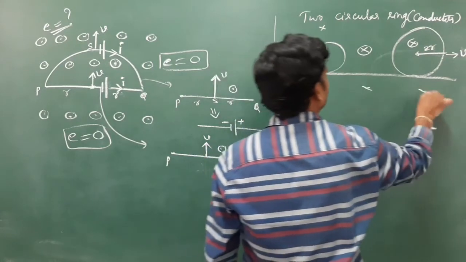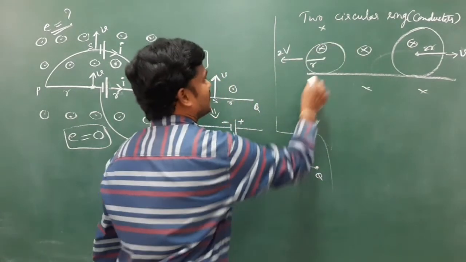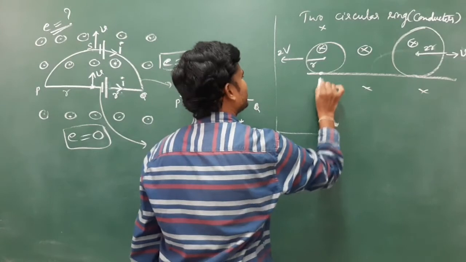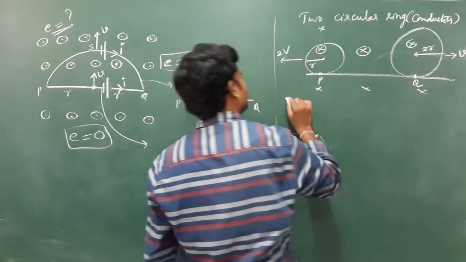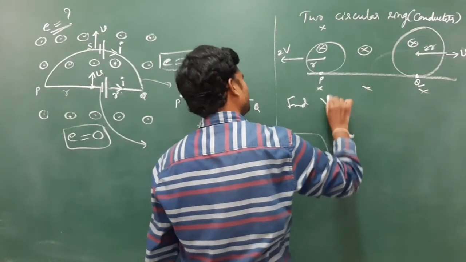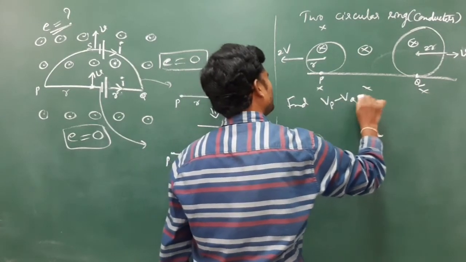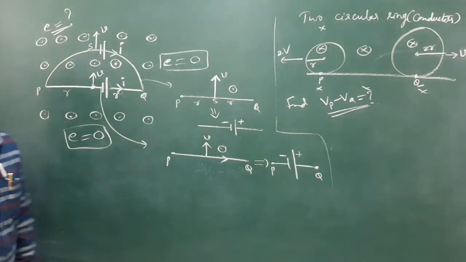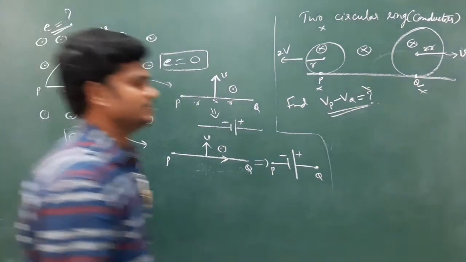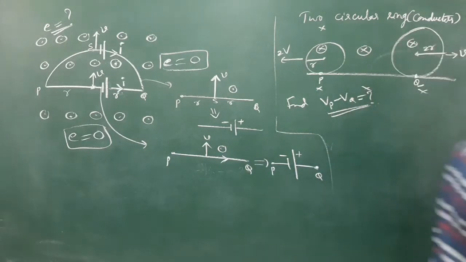No need to draw all the cross marks. Then find the potential difference between P and Q. See the question. Find the potential difference between these two.